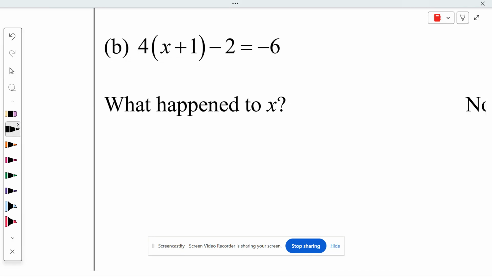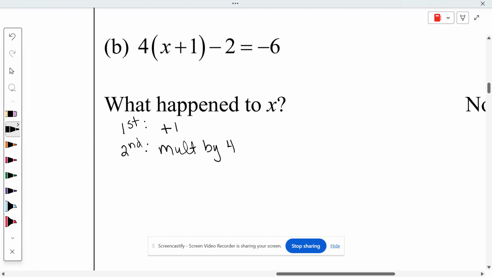Well, x is in a parenthesis, and the first thing that I'm doing to it is adding 1. The next thing, I take that whole parenthesis and multiply it by 4. And then after I multiply by 4, what am I doing with that quantity or that product? Well, I'm subtracting 2.